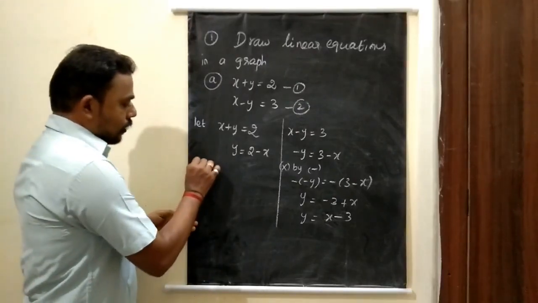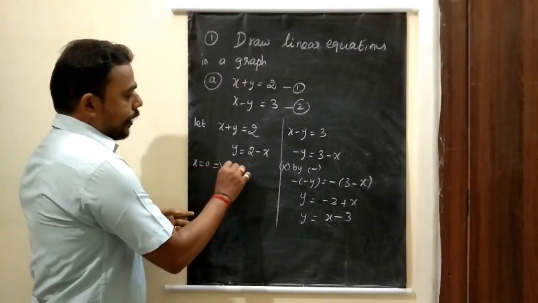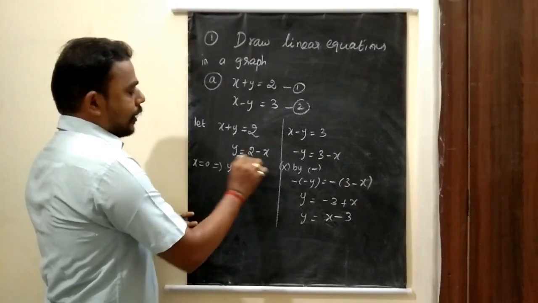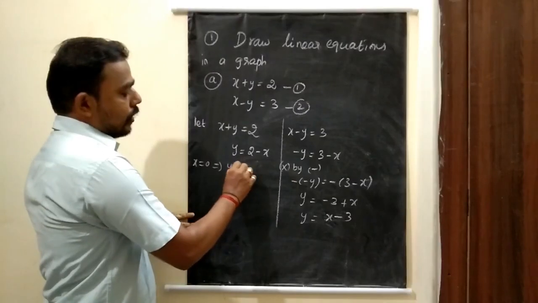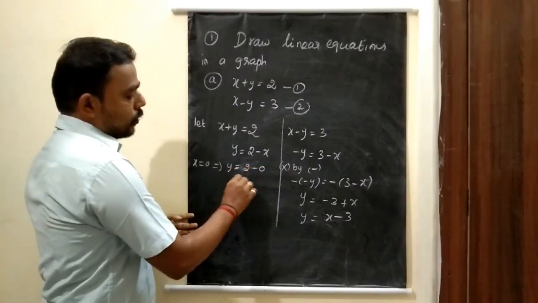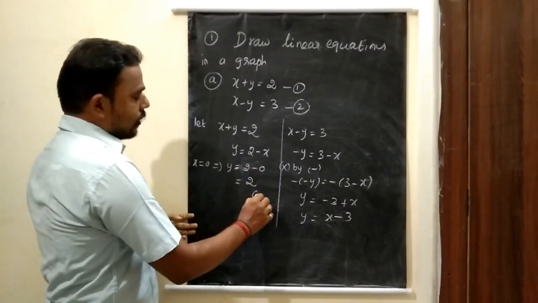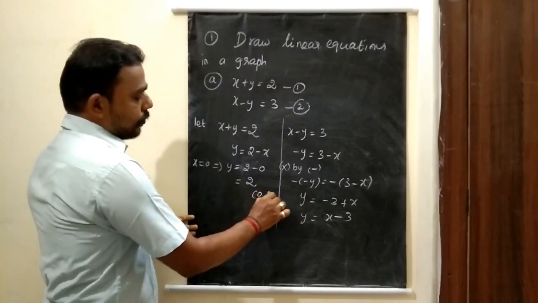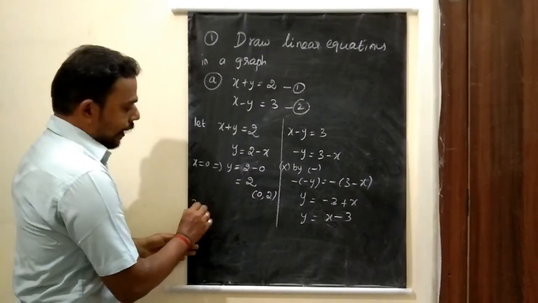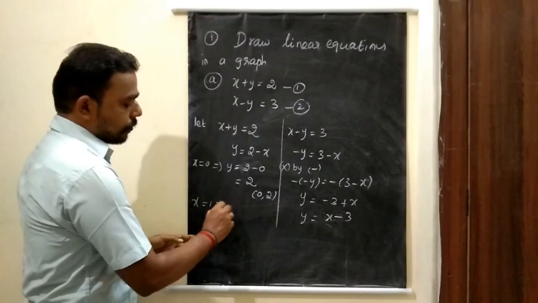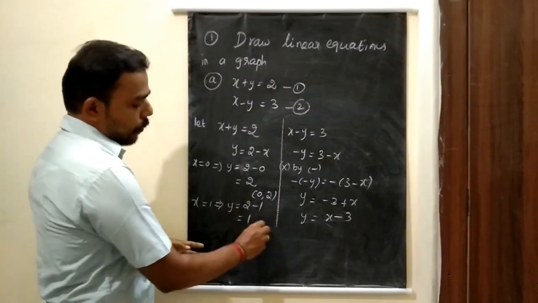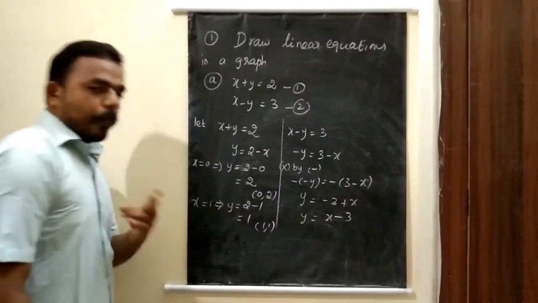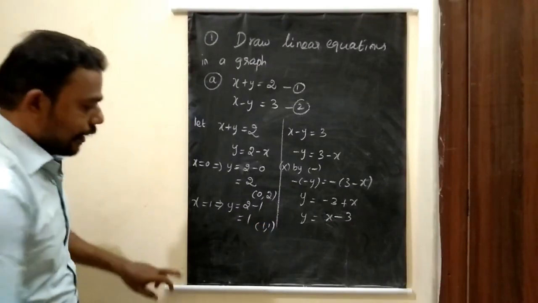See, if x is equal to 0, what happened? y equal to 2 minus 0, so 2. So the point is 0, comma 2. The same way, x is equal to, suppose, 1: y equal to 2 minus 1, so value 1. So the point is 1, comma 1. Two points are enough to draw the particular line.